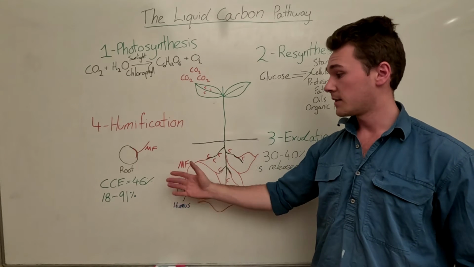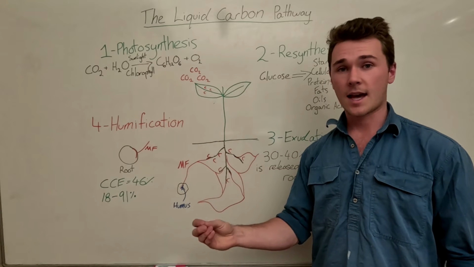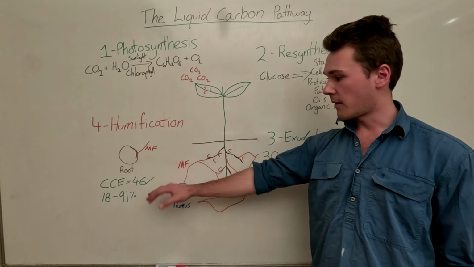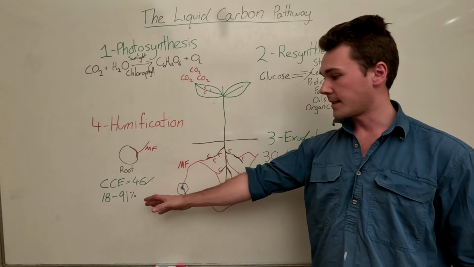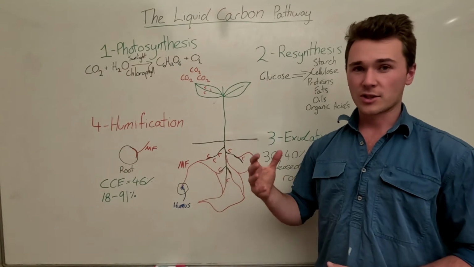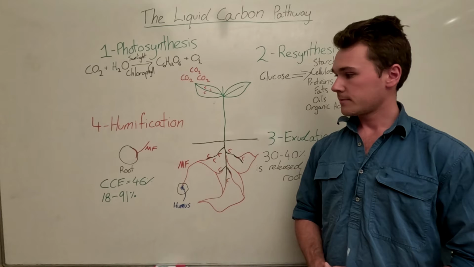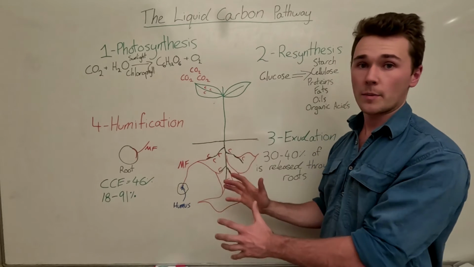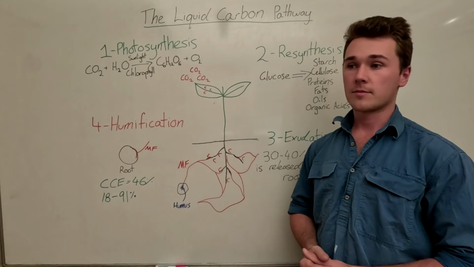This is almost 6 times more efficient at converting carbon into soil organic carbon. Now that came from a study where the range of data was 18 to 91%. So there's a massive range in that. And we'll talk about why that range is like that and what we can do to try and increase it up to that 91%. But effectively, this is a super efficient system that we can use to make soil organic carbon.